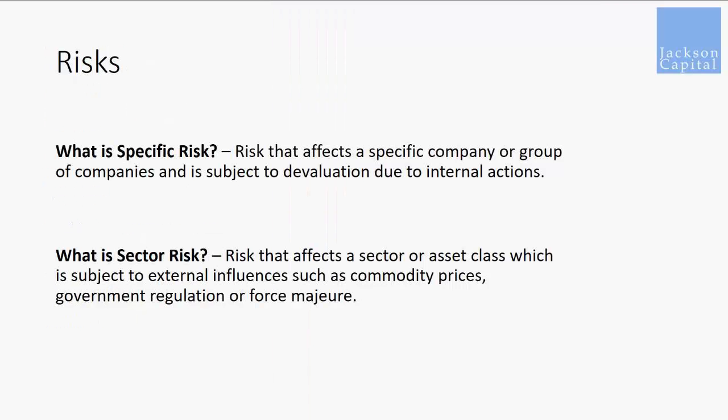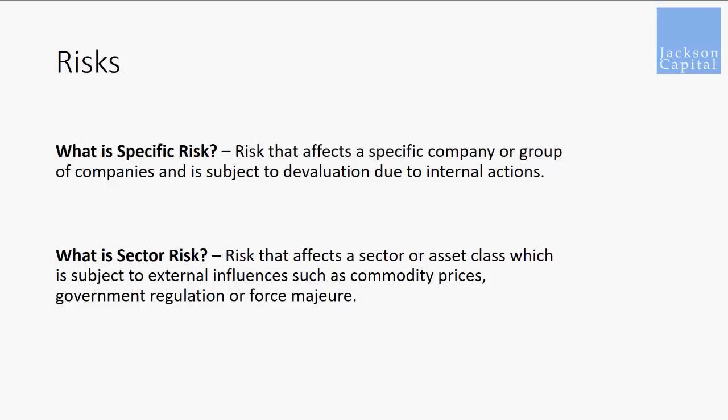So there are many risks and biases that face us when we're picking an investment, like managed funds, ETFs, LICs, by which I mean listed investment companies, stocks, property, bonds, etc. But there are two that are probably the most important. One is specific risk, and the other one is sector risk.